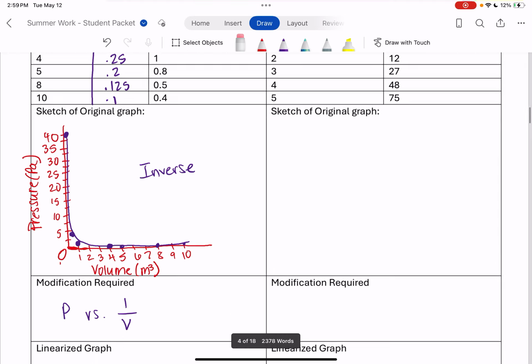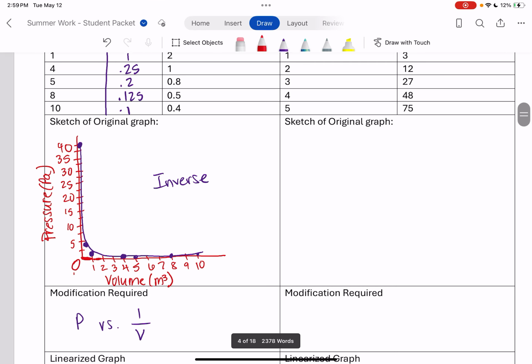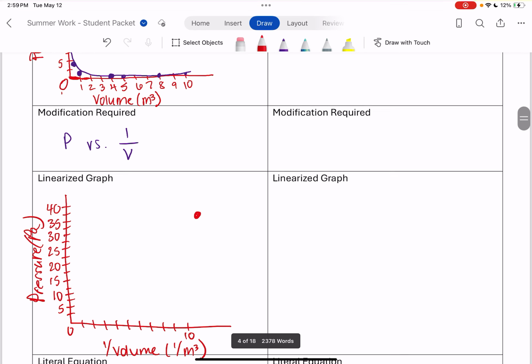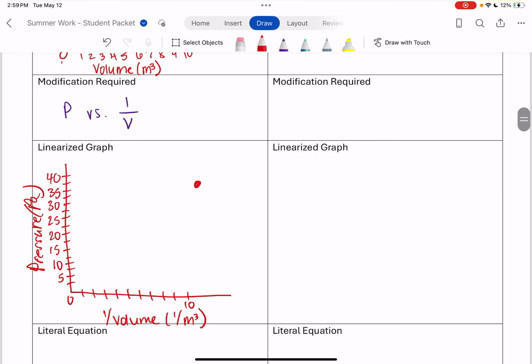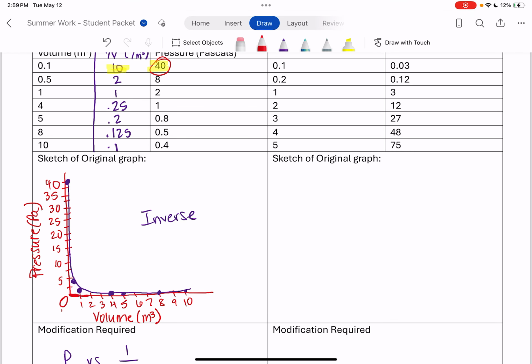All right, so we're going to go to 10 and 40. 10, kind of right here. 40, that's going to be kind of like right here. And then we have 2 and 8. So I'm going to go over to 2 and up to 8, about right here. 1 and 2.